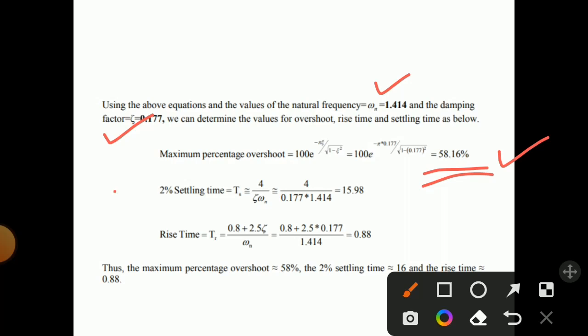Second is 2% settling time. The formula is Ts equal to 4 upon zeta omega n. Putting the values, we get the answer 15.98 seconds. And last one is rise time. Tr is equal to 0.8 plus 2.5 zeta upon omega n. The answer is 0.88 second. Like this we can do time domain analysis of the given system.